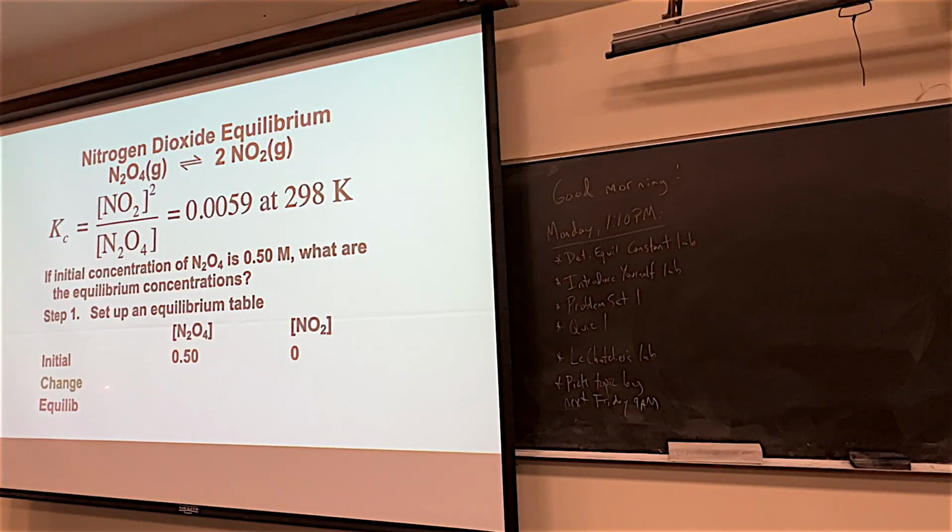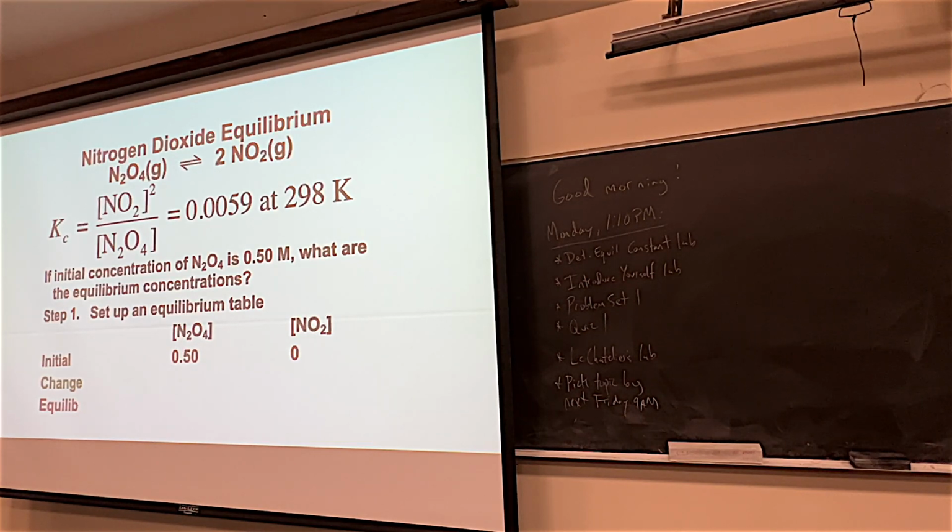On one side, you're going to have something negative, and on the other side, something positive. Most of the time, negatives will be on the left and positives on the right, but sometimes it is reversed. Now in this problem, it makes sense to have a negative here because N2O4 is the only game in town, and we must make NO2.